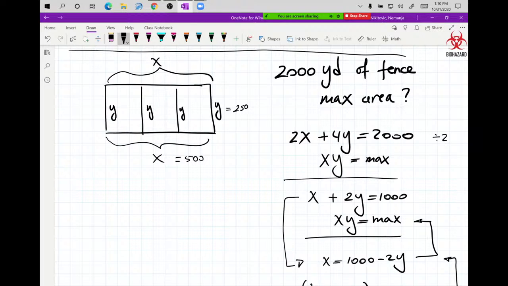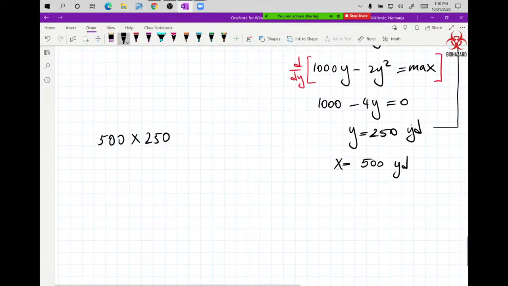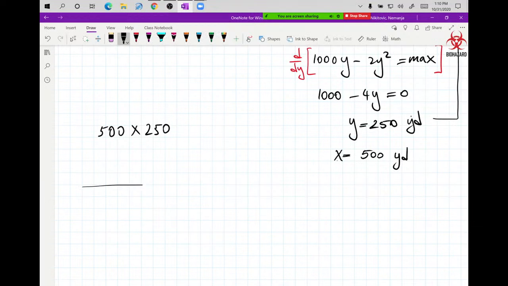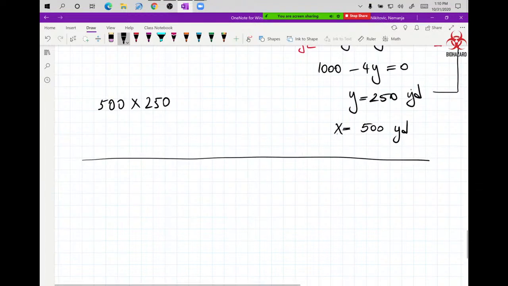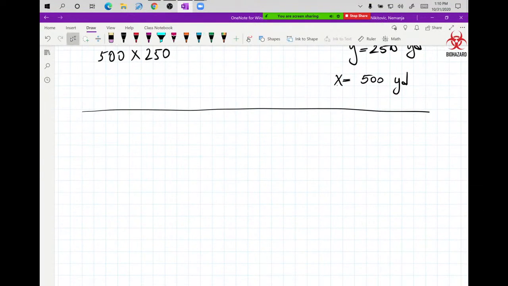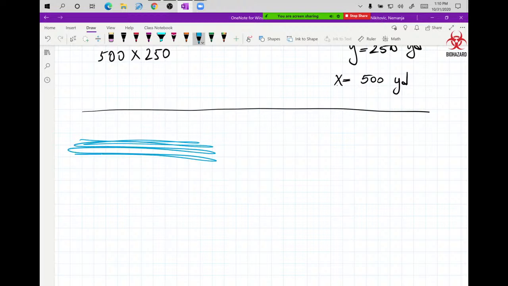From here, go ahead and keep making these problems, you know, geometrically as crazy as you want. You can have the river on this side and then have your fence with a bin.